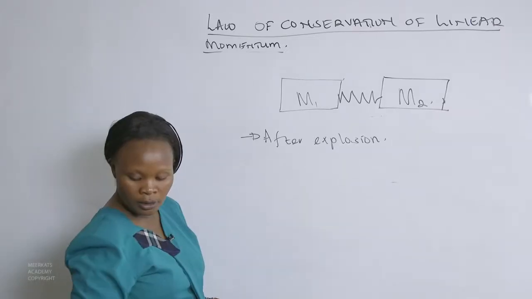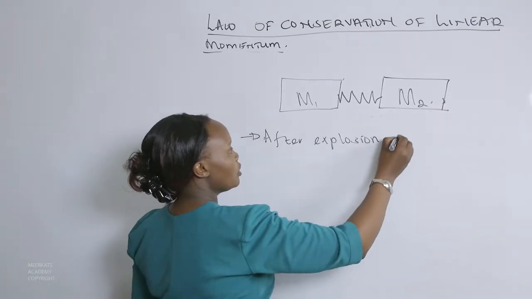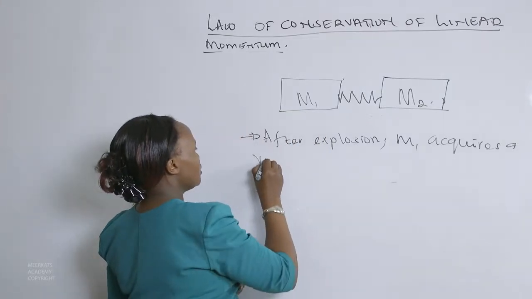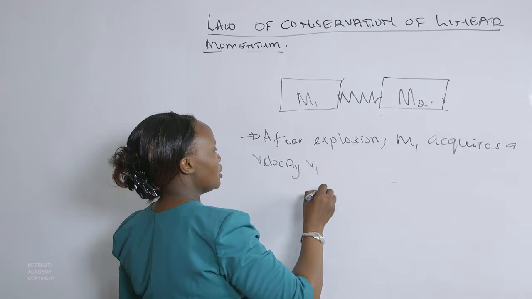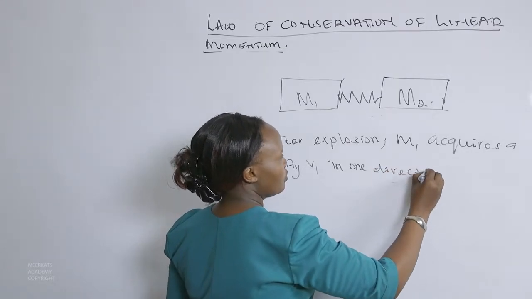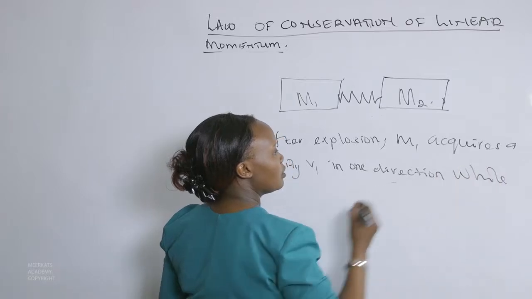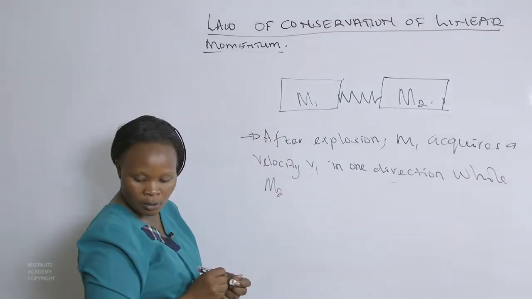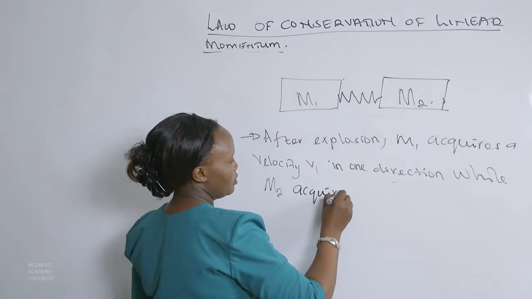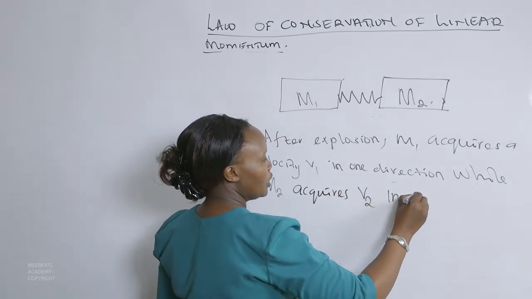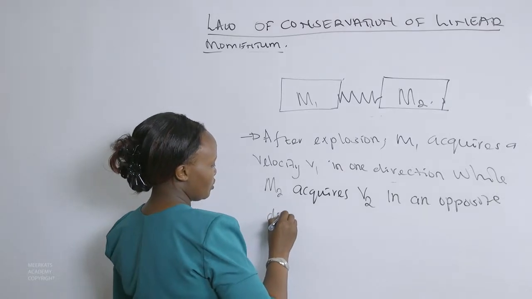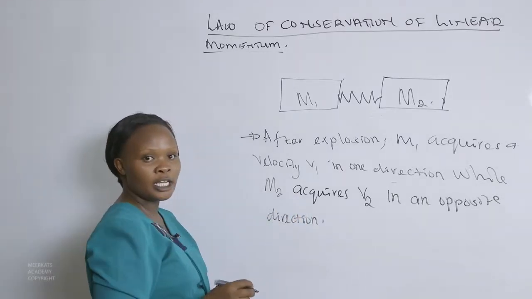We consider that after an explosion, m1 acquires a velocity v1 in one direction, while m2 acquires v2 in an opposite direction.